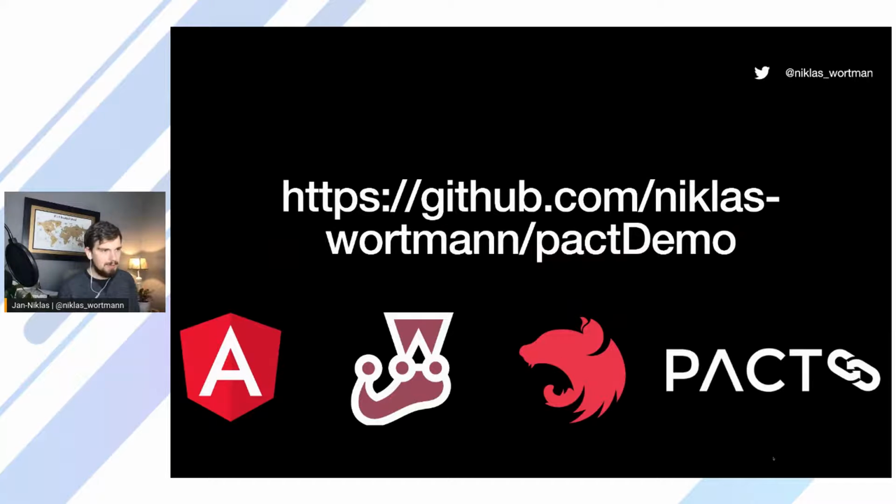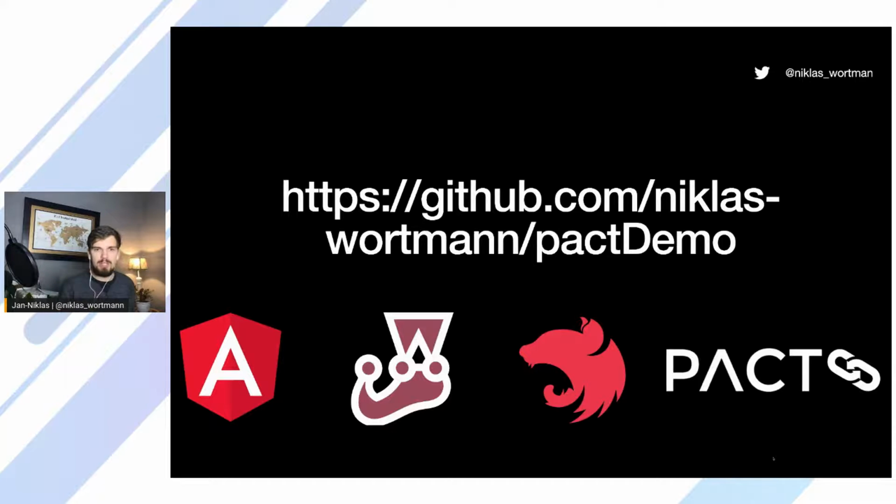You can play around with the example I showed with the technologies listed here. I have this demo repository where I have a Nest backend, an Angular client, and tests. The provider verification tests for the Nest backend are still missing, but all of that is in a monorepo, so sharing the contracts between those two projects is fairly easy.